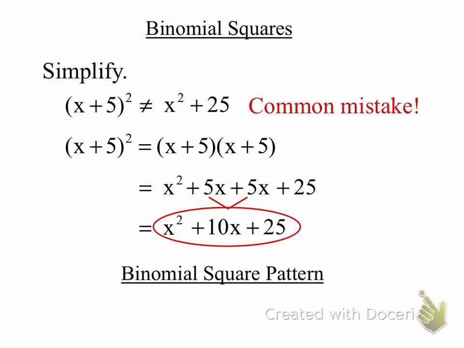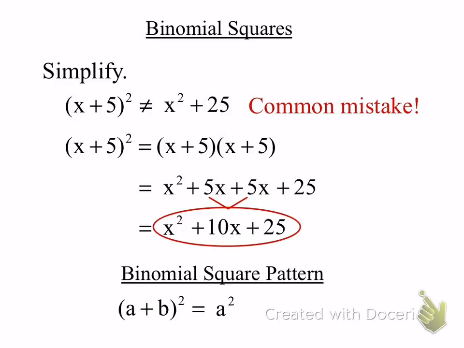If I square the last term, I get this. If I multiply AB together and then double it times 2, how I get that middle term is I multiply them together and then multiply it by 2, and I get my middle term. Is that making sense? So let's try that.